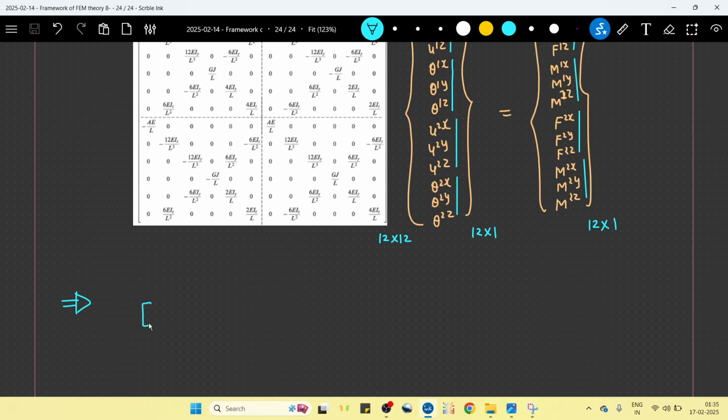If you observe the K matrix, the element stiffness matrix, it consists of two things: geometric parameters and material parameters.